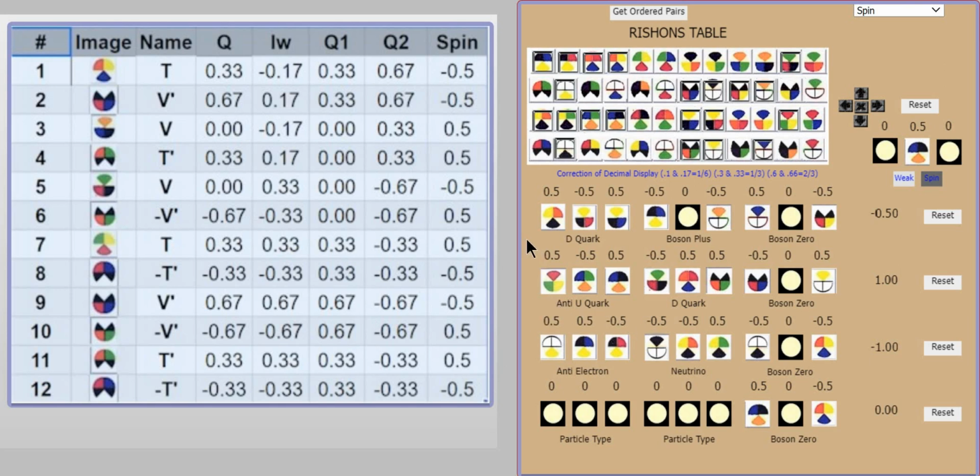Now, initially, we had a left-handed C quark, and we then had the emission of two weakly interacting massive particles, which both had a spin of 0.